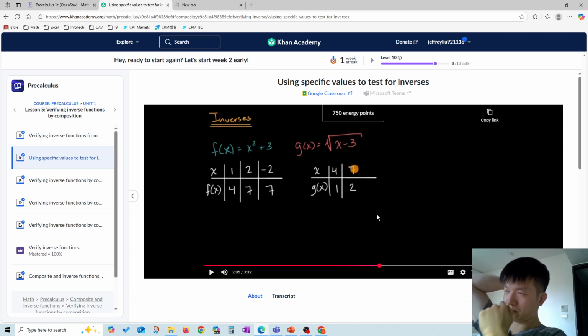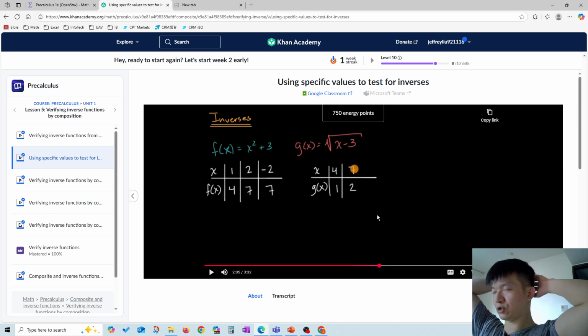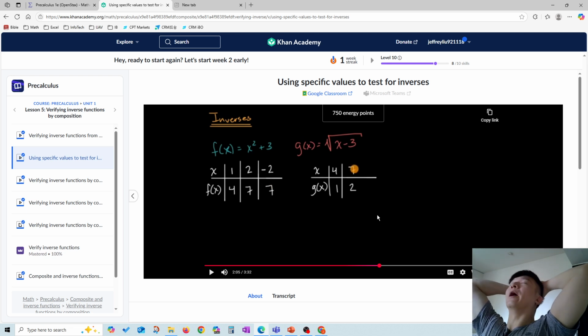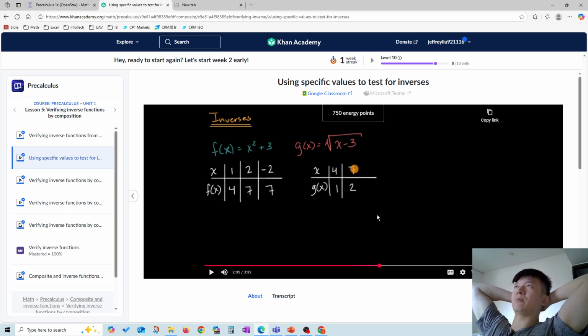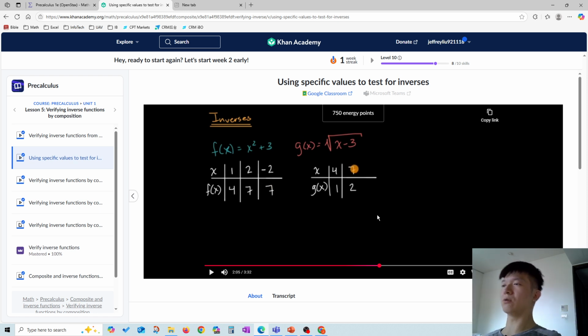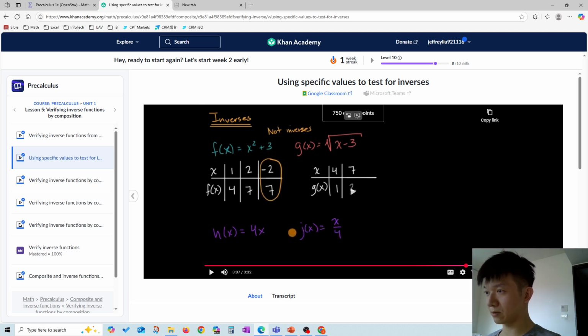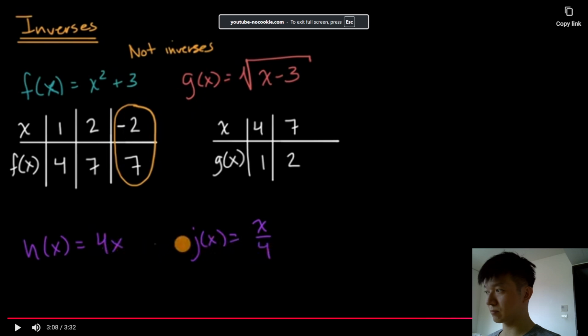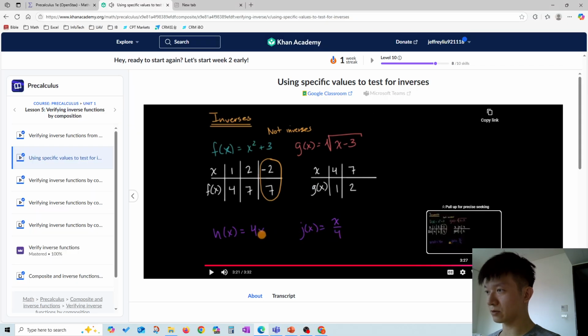Both will work because your square will make whatever number you have there become positive, and you take the square root of that, which is the positive number as well. So you can either have a negative or positive number, so that doesn't work, right? So they are not inverses.